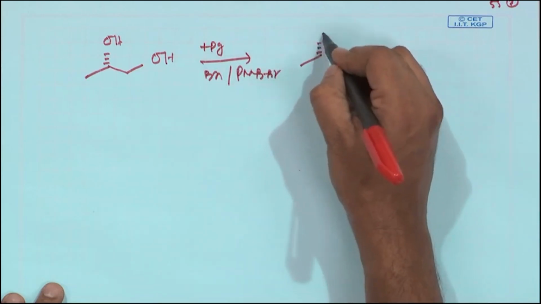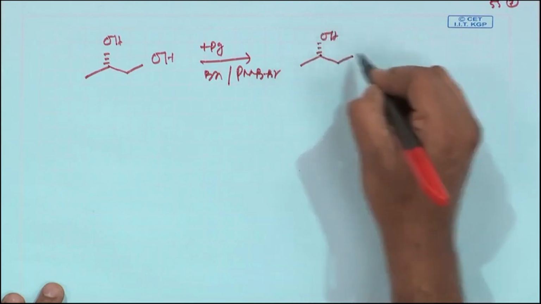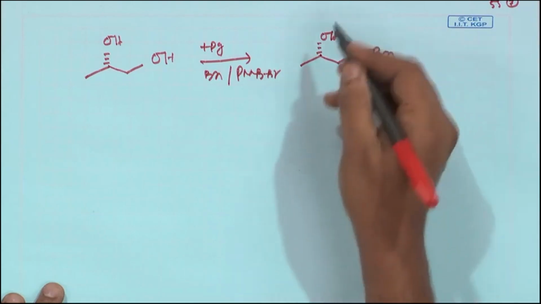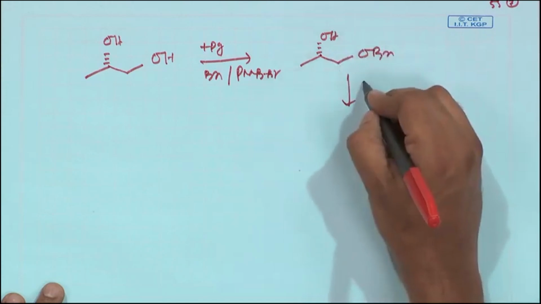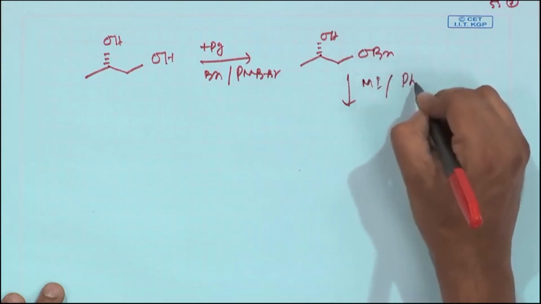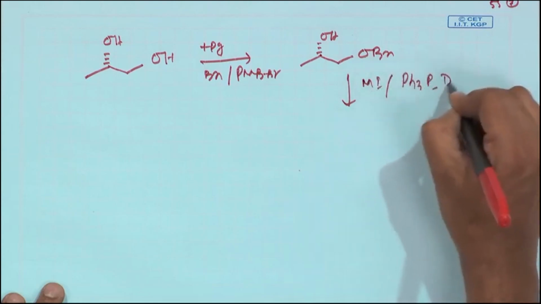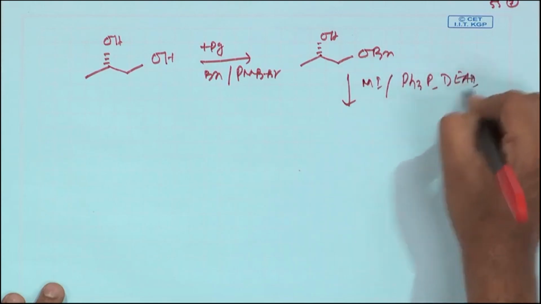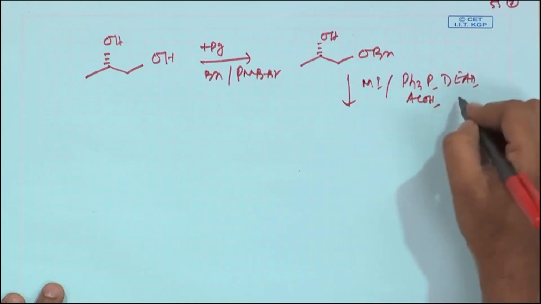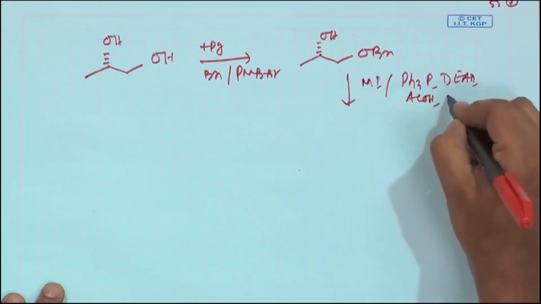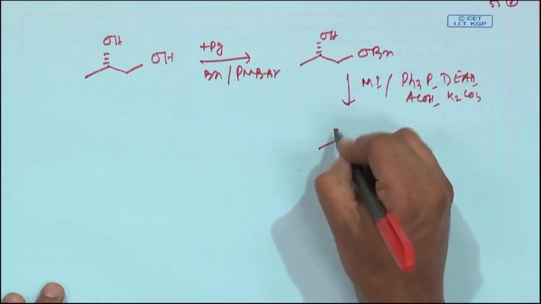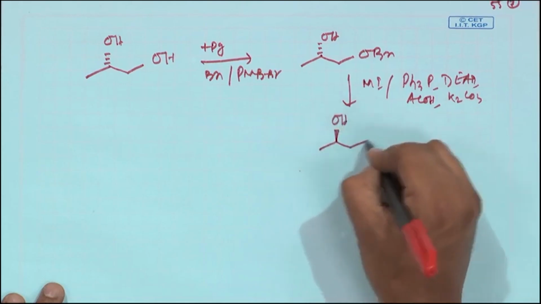So first let us do the protection, let us say benzyl. Then, like the salactol problem, you do the Mitsunobu inversion using triphenylphosphine, DEAD, acetic acid, and then potassium carbonate for acetate cleavage. So basically you now get this compound.